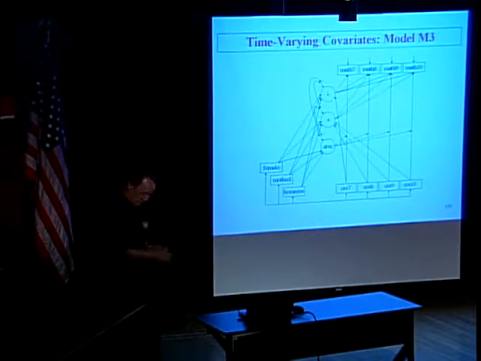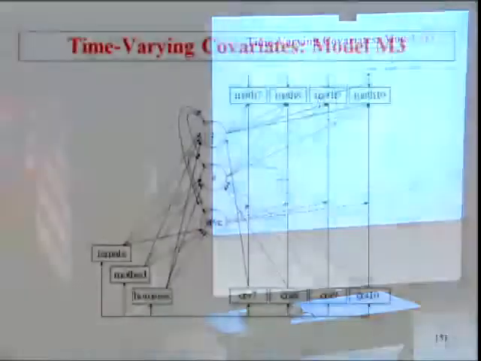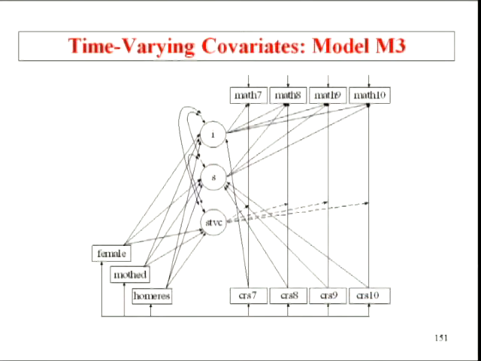There's model M3. So let's look at it a little bit. And we see that course taking in grade 7 influences I. That was the left out path that we saw a very strong signal about the need to include. But now we're also letting course taking in all grades influence the growth rate.